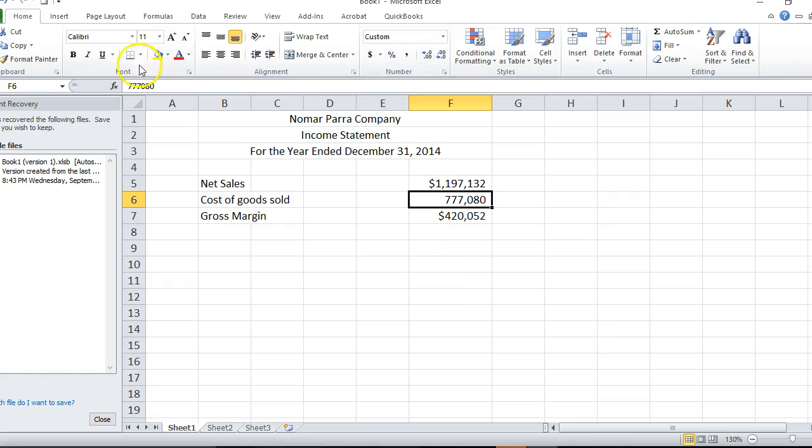And the net difference there is our gross margin.